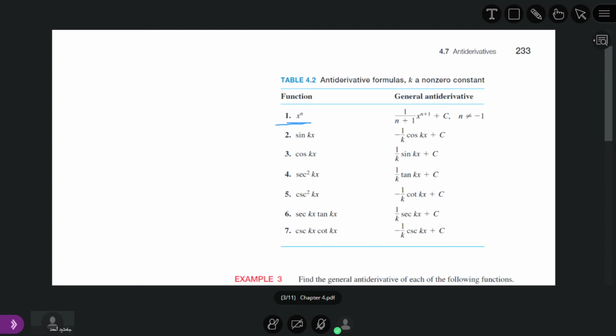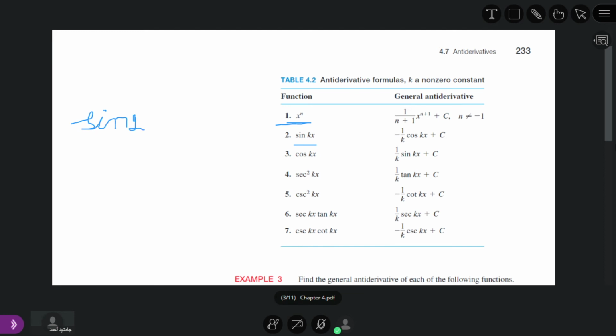The second: if we have sine kx, k is any number, that means k can be 2, 3, or 100. So the antiderivative of sine kx is minus cosine kx divided by k. Suppose we have sine 2x. What is the antiderivative of sine 2x?